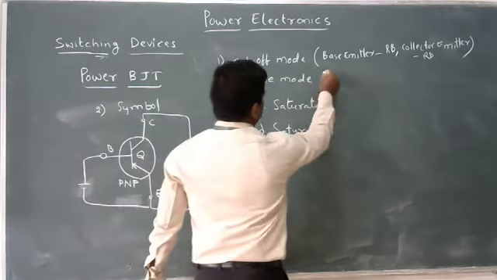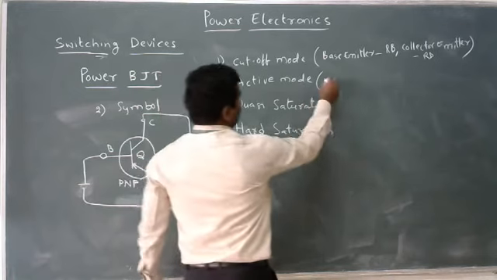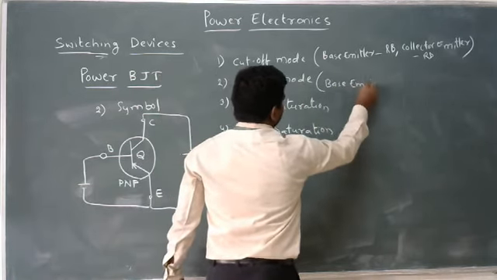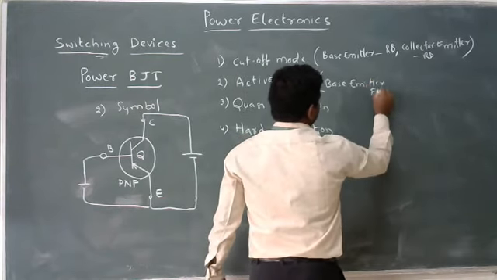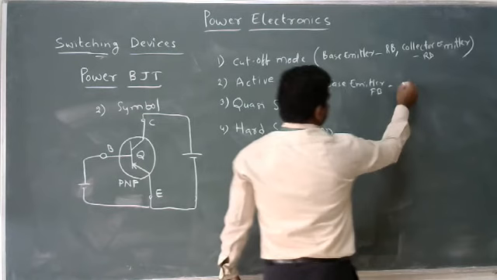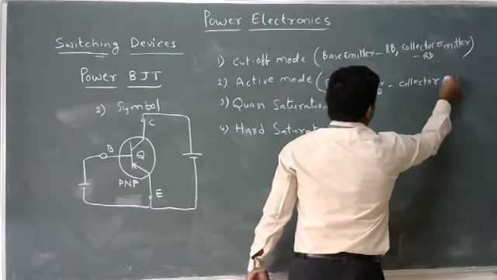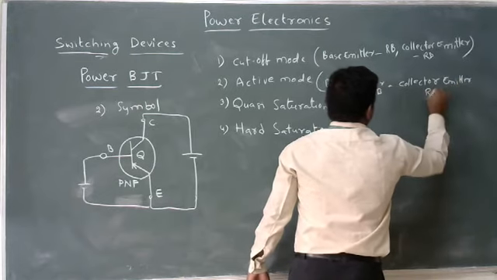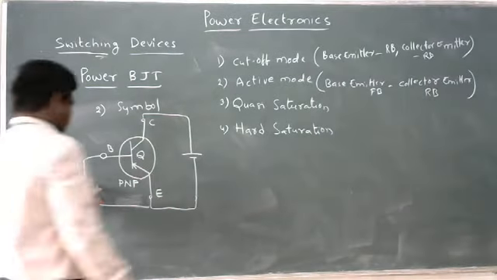When you go to the active mode of operation for the power BJT, base emitter forward bias, but collector emitter reverse bias. What does reverse bias mean in terms of applying voltages?